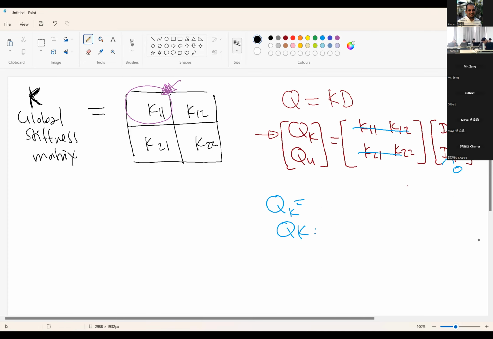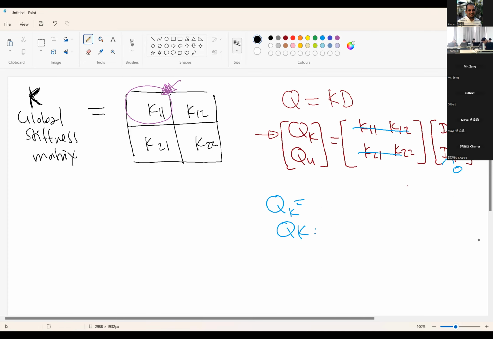Qk will be K11 Du plus K12 Dk. This is our first element. The second element will be Qu equal to K21 Du plus K22 Dk.